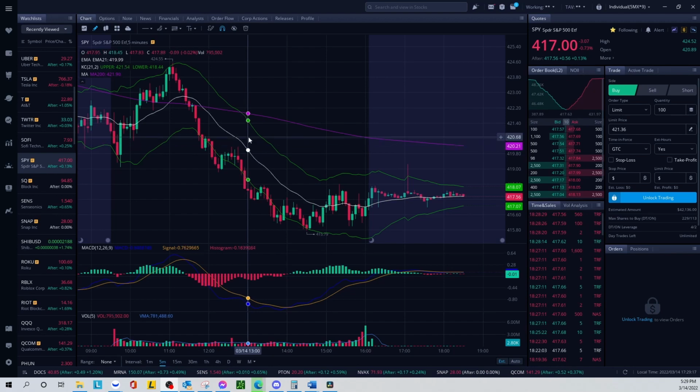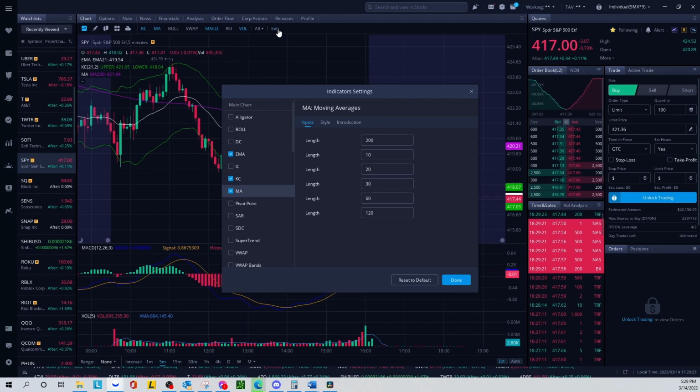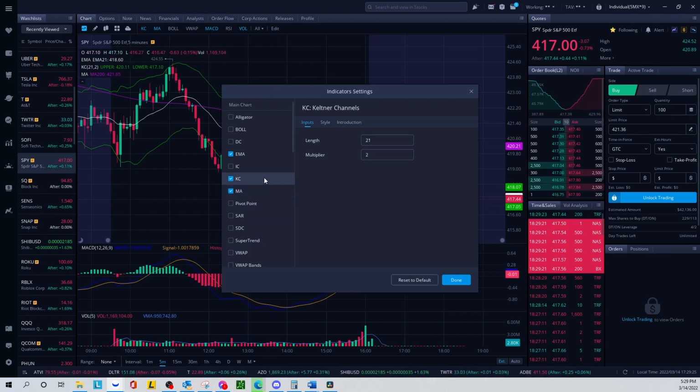So in Webull, at least, you go to the indicators, click on edit, and then Keltner Channel. Again, 21 moving average is what I use. You can set it to what you typically use. 2 ATR. So typically 2 times the average range is pretty much going to be the full range of price action that you see.